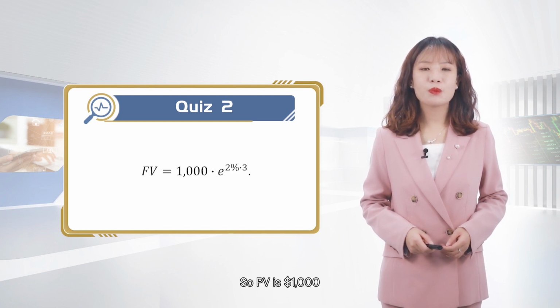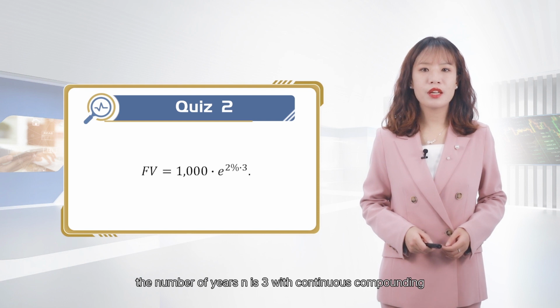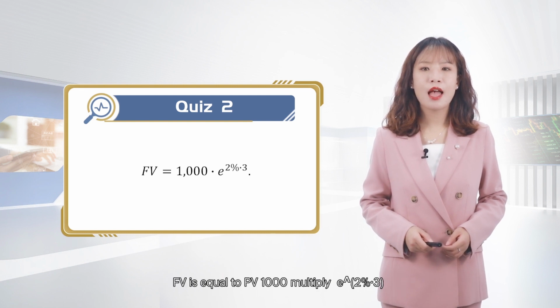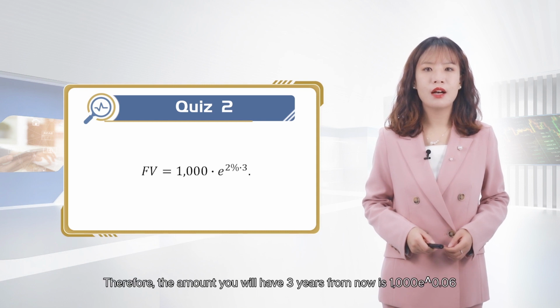So PV is $1,000, the APR is 2%, and the number of years n is 3 with continuous compounding. By the formula of FV for continuous compounding, FV is equal to PV 1000 multiplied by e to the 2% times 3. Therefore, the amount you will have 3 years from now is 1000 e to the 0.06.